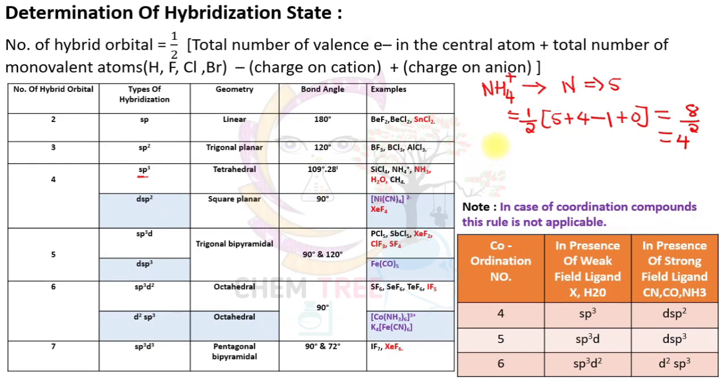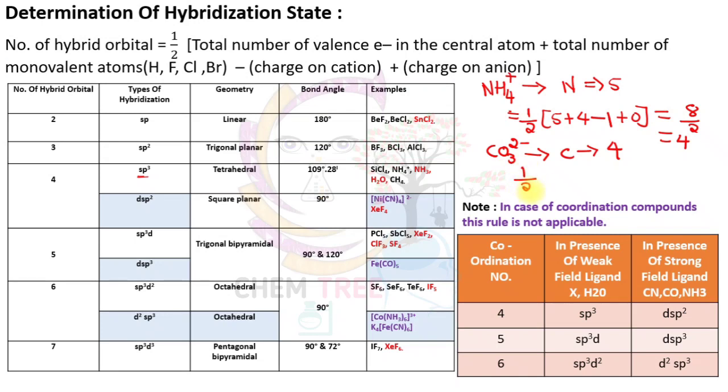Another example, CO3 2-, the carbonate ion. In the carbonate ion, carbon is the central atom. Its electronic configuration is 1s2, 2s2, 2p2. That means it contains 4 valence electrons.